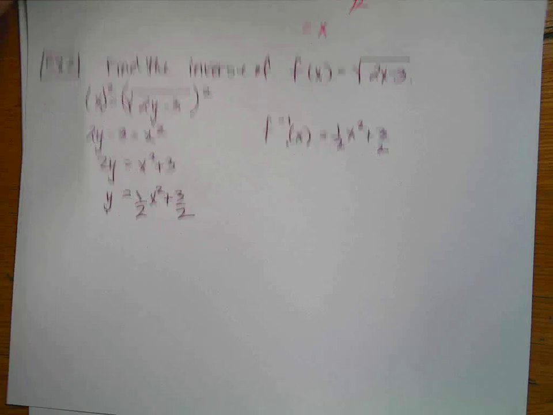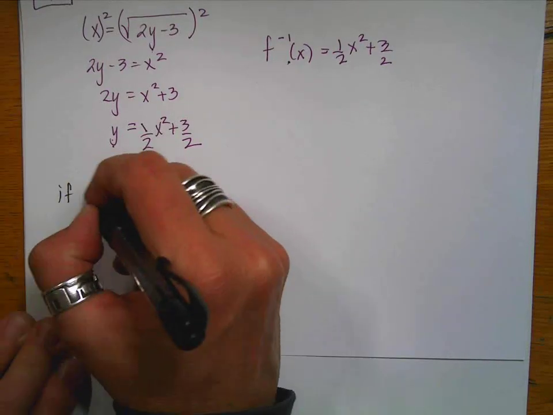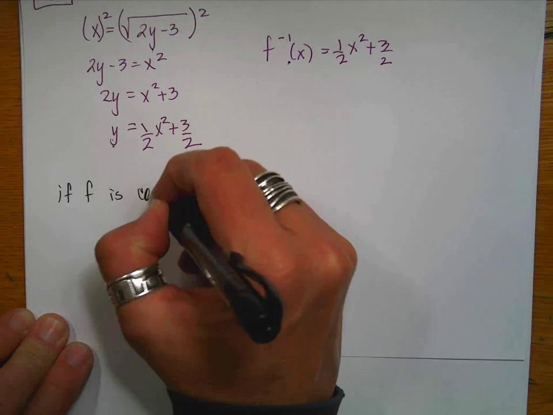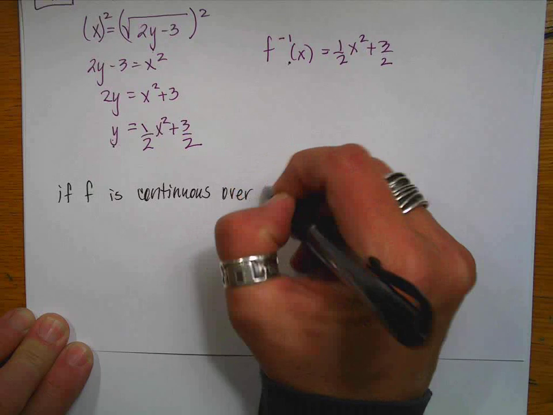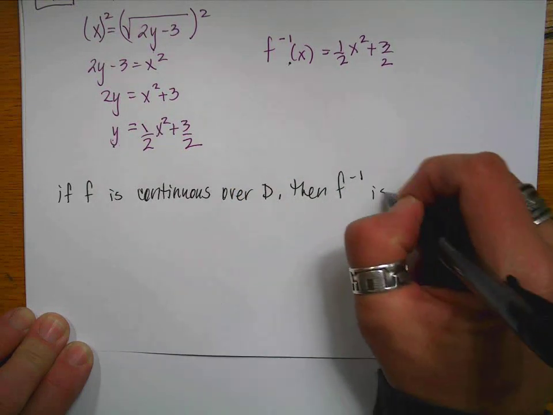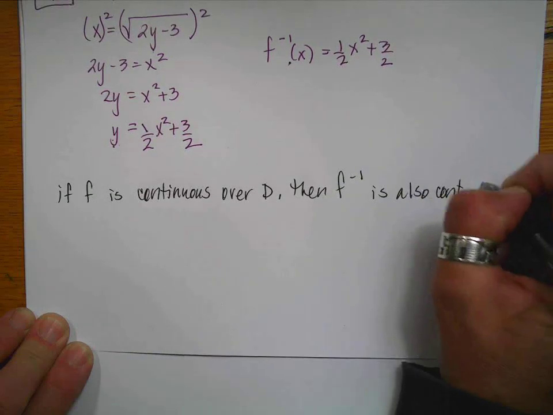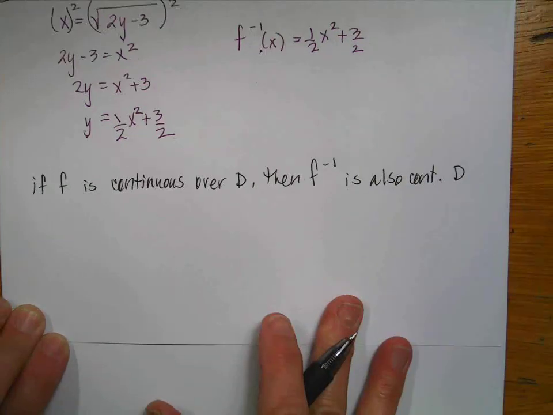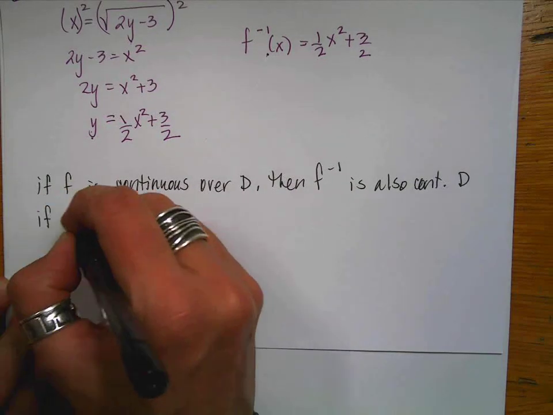Okay? So a couple of other things that we need to notice about our inverses: if f is continuous over its domain, then its inverse is also continuous over the domain. So if one is continuous, then the other is continuous.